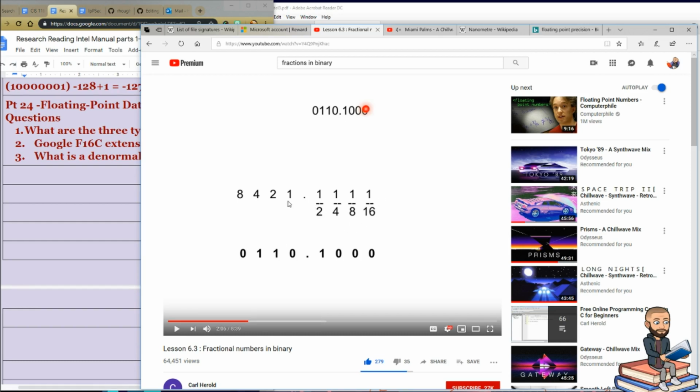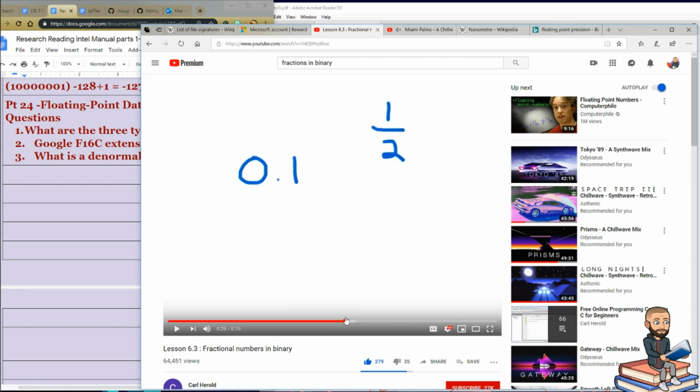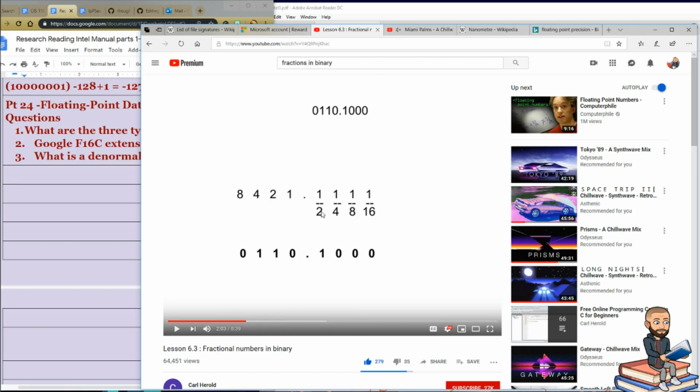Normally it goes 1, 2, 4, etc. Well, right here it goes the opposite direction, and the part that really blew my mind, right here. This basically is a 1/2 or 0.5 in decimal numbers. Now one of my first questions is why isn't there a ones place here? I do not know the answer to that.